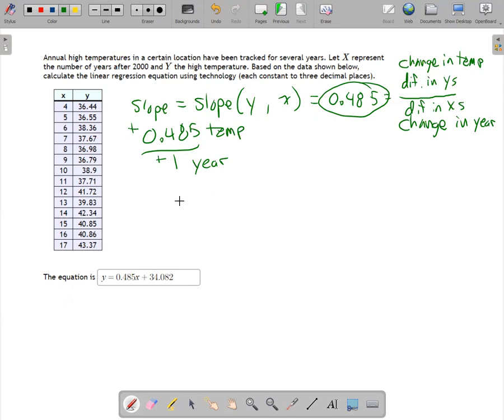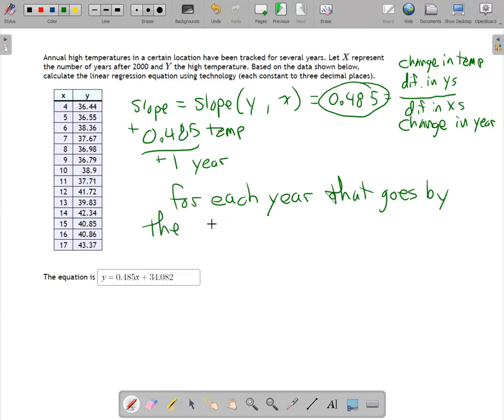It would mean something like, for each year that goes by, we always start with the x value first. That's called the independent variable.